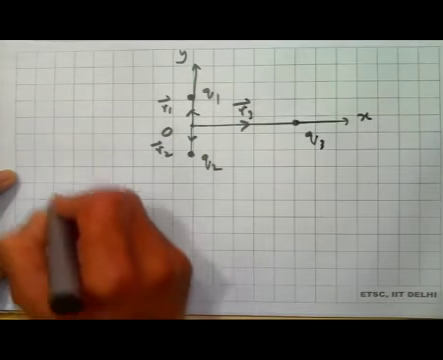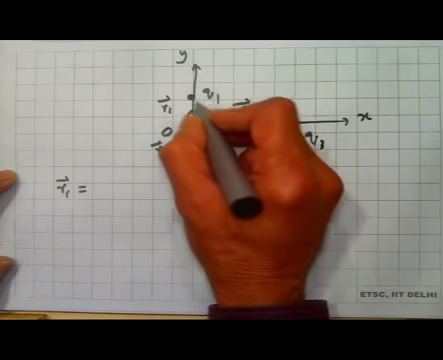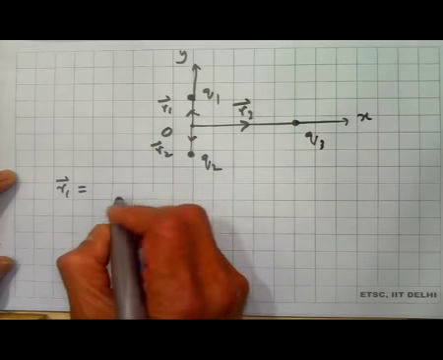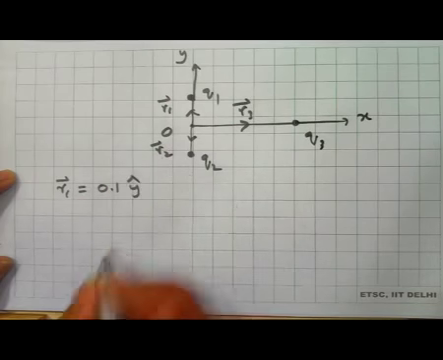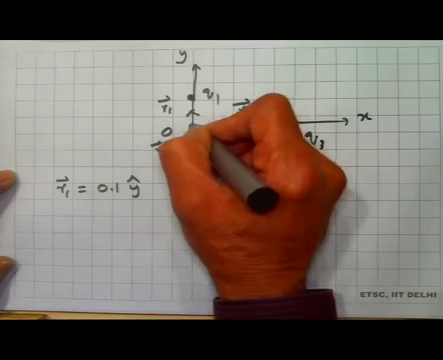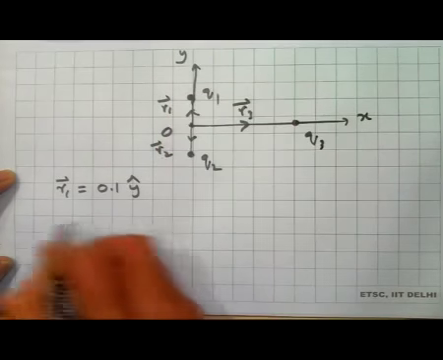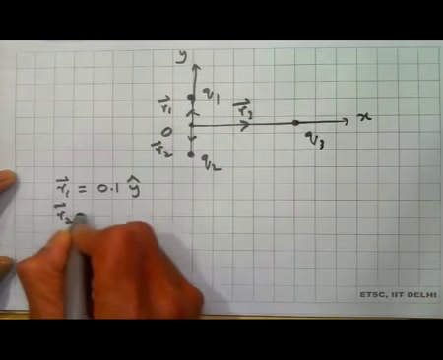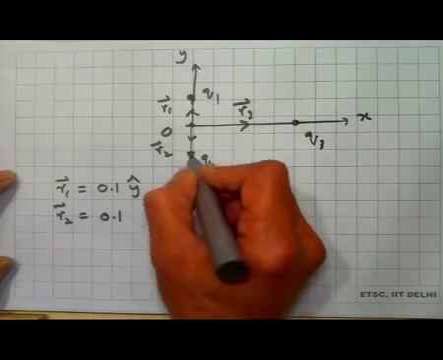So, what are these quantities? R1 vector is equal to, so please remember this is given as 10 centimeters. So, that is 0.1 meters into y cap. This R1 vector has a magnitude of 0.1 meters and is along the y direction. R2 vector has a magnitude 0.1 again and is along the minus y direction.